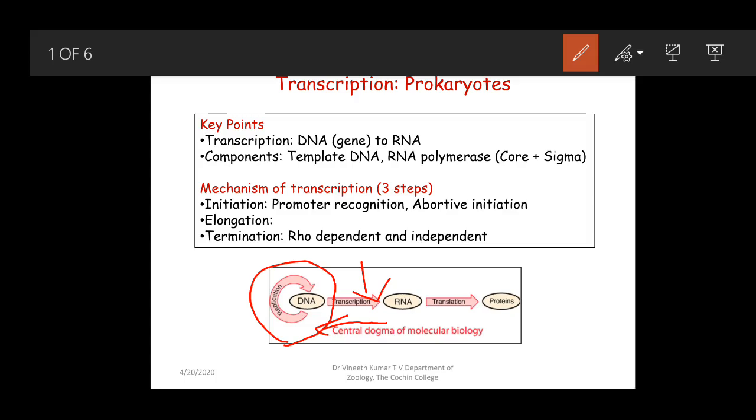Transcription is a general process whereby a DNA produces an RNA. Generally, there are 3 types of RNA in a cell: the mRNA, the rRNA, which is the ribosomal RNA, and the tRNA, which is the transfer RNA.